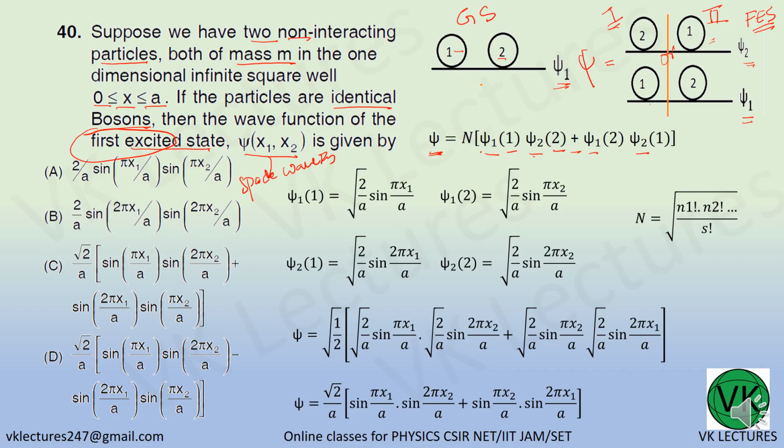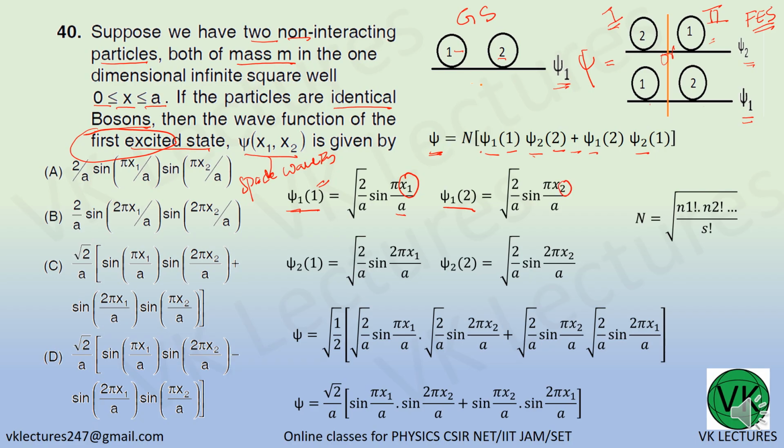Okay. Now what is psi 1 of 1? Psi 1 of 1 means the position of the first particle in psi 1. That is given by under root 2 by a sine pi x1 by a. This x1 indicates the position of the first particle. Psi 1 of 2 will be under root 2 by a sine pi x2 by a.